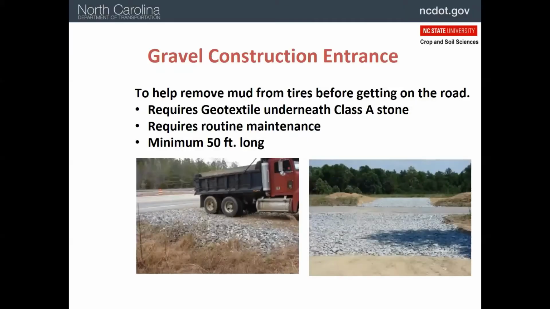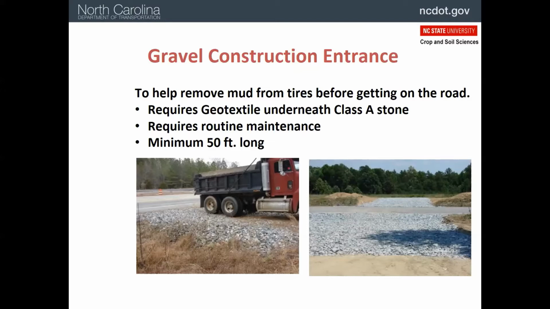All right, so right on the outside of the project is an entrance, and this entrance is intended to reduce mud from getting out on the street. As I mentioned earlier, that's a big problem. It causes a lot of headaches and a lot of fines when that happens.